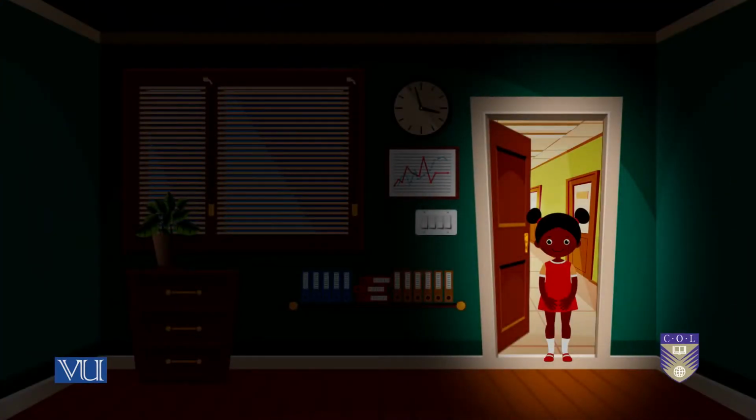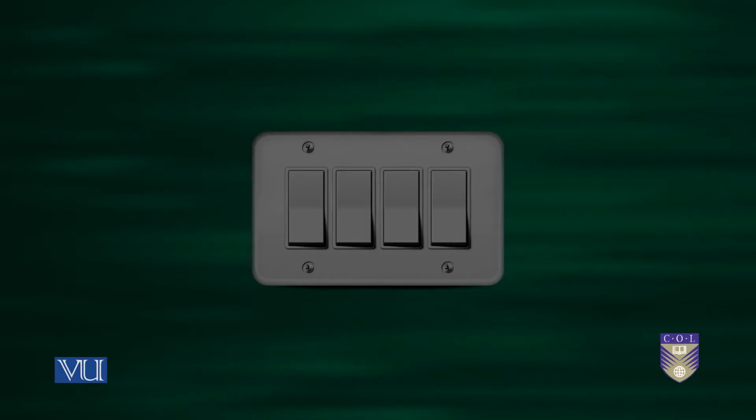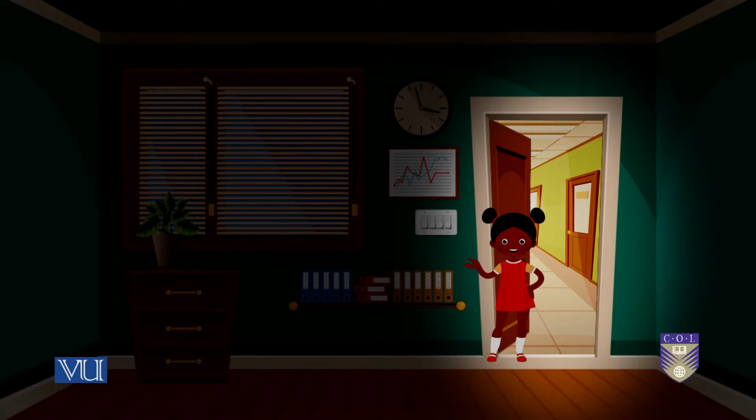Let's look at another problem. Here's a toddler, a young kid, who wants to enter a room which is dark, and the toddler knows that there are a number of switches, and one of them will light the bulb. So he wants to go to that. Now this toddler doesn't have too much intelligence, so to speak.